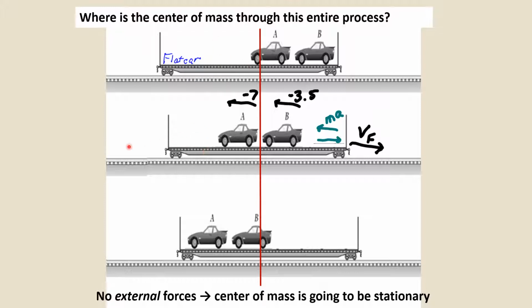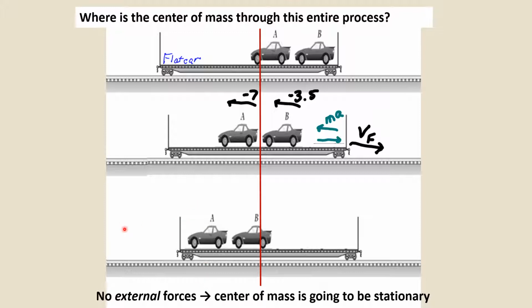So even though the cars are moving around and the train is moving around, the center of mass is not moving around. It starts with a 0 velocity, it ends with a 0 velocity. There are no external forces changing the overall center of mass. So the center of mass is going to stay constant through the whole thing.